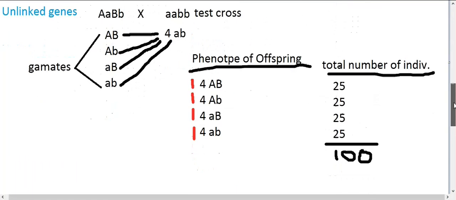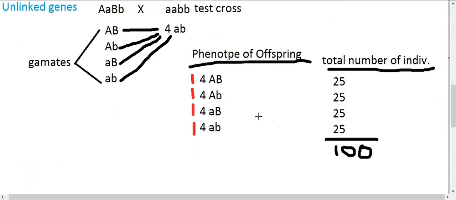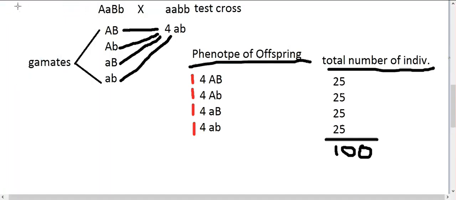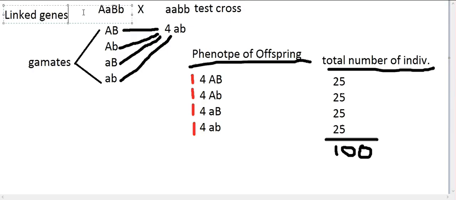Well, let's just do it here and see what happens. So basically we get the same thing. The only thing that's not going to be the same is this guy here. And so we'll delete that, and we'll put here now we're talking about linked genes.